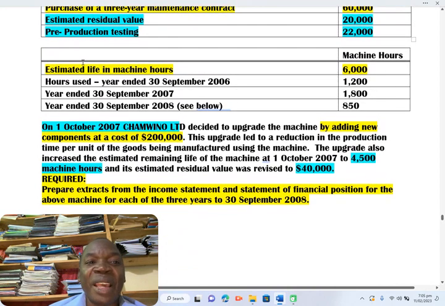Now what happened? The estimated life of the machine is 6,000 machine hours. But what happened? Hours used as at the end of September 2006.